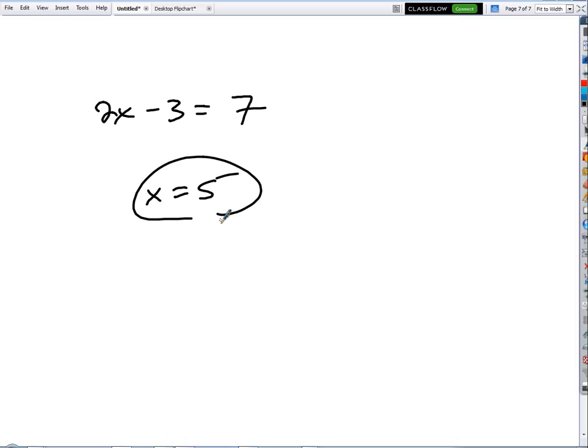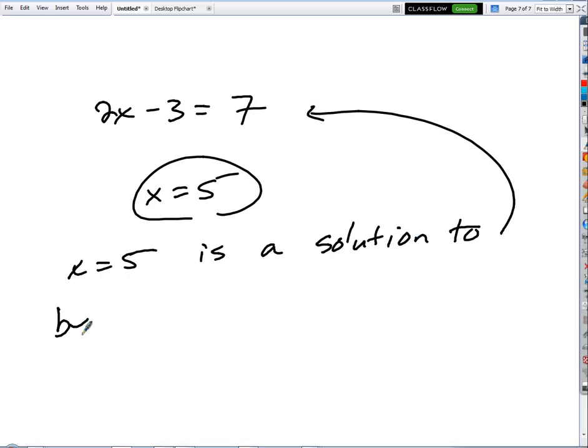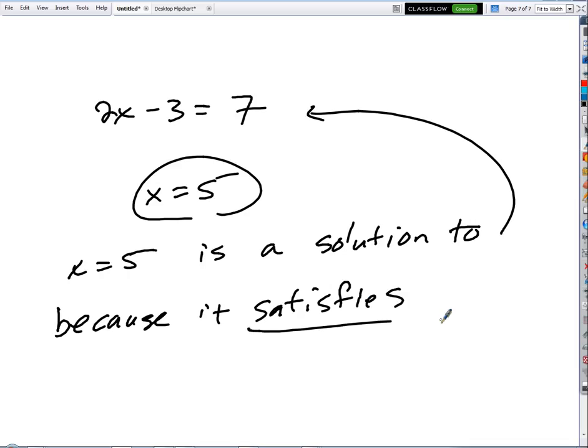It makes the equation true, but the way we would really say that in math is, this is a solution, and in this case, it's the only solution, but it is a solution to that equation because it satisfies the equation. That's a terminology in math. It's a solution because it satisfies the equation, meaning it makes it true. Okay? So let's go back to our system.